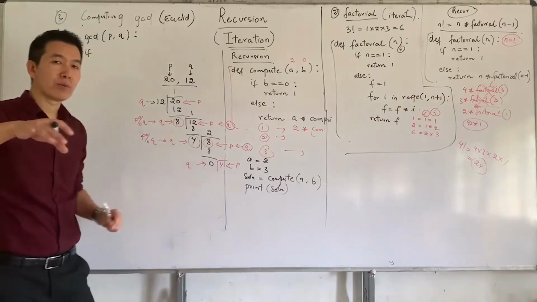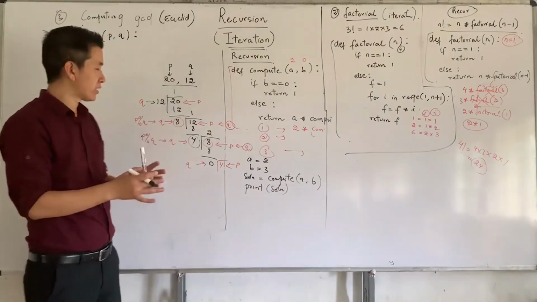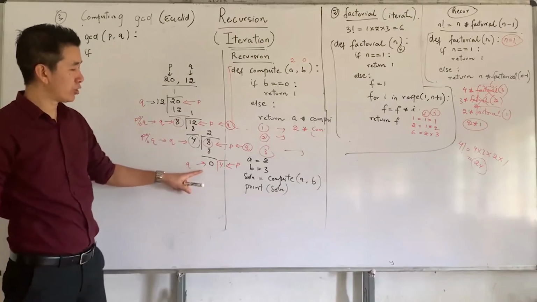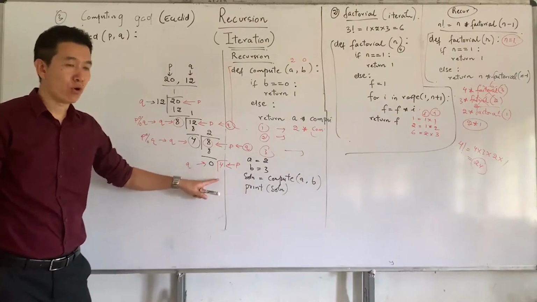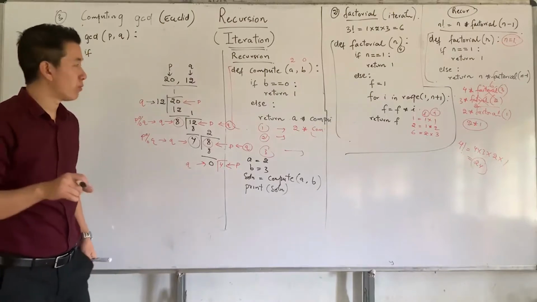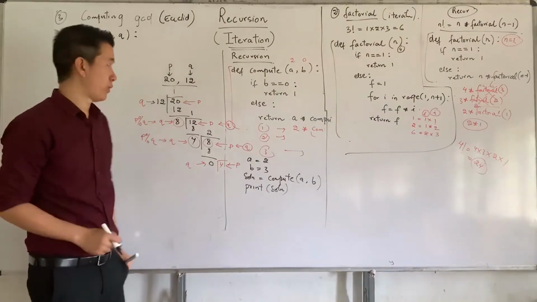So how you bring the program to an end is, if the value of Q is equal to 0, you return the value of 4, which is the greatest common divisor of 20 and 12.